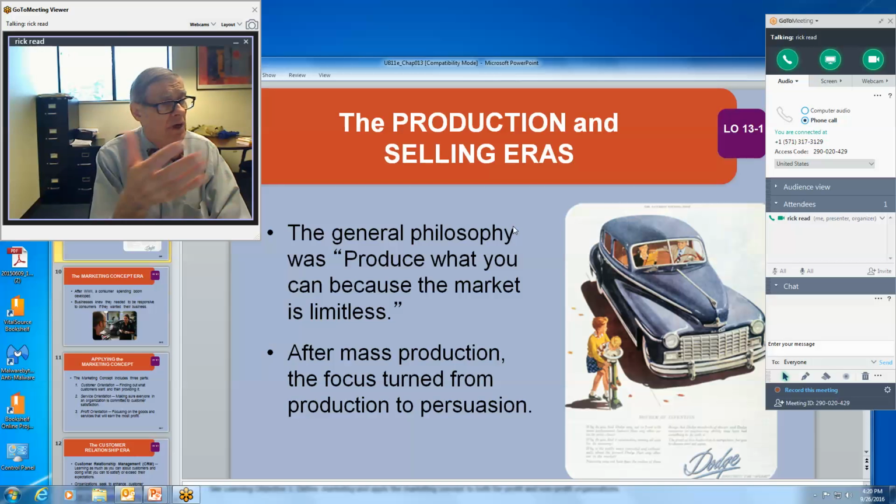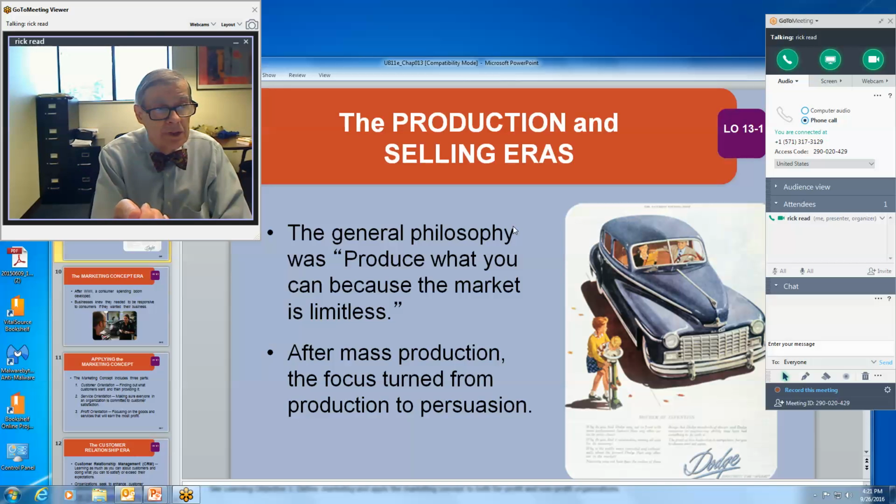Just because you have a product out there doesn't mean people are going to buy it. If you've seen the movie Field of Dreams, one of the lines is build it and they will come. Well, that's just not necessarily true. It could be in some cases if you had something that everybody absolutely needed, is probably a better way to put that.